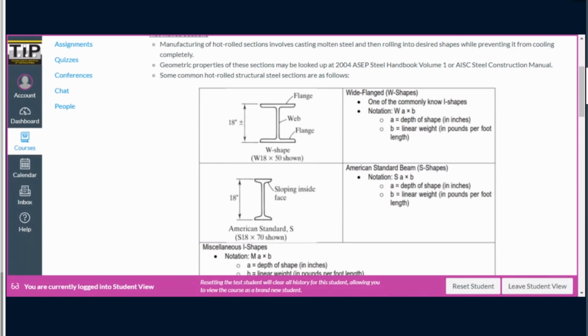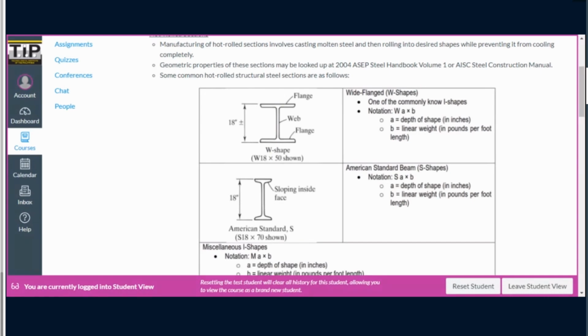What is the difference between a wide flange section and an American standard beam section?